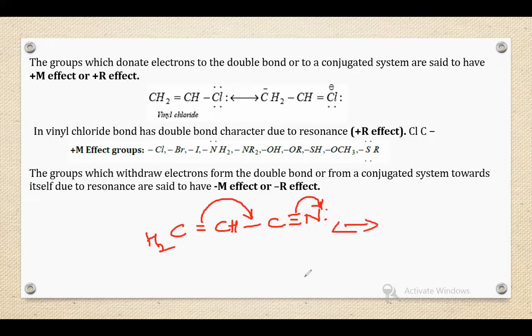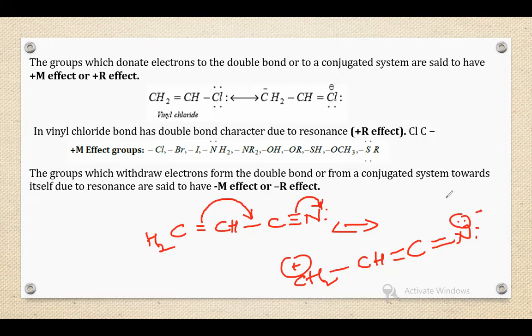The second structure is CH2. If the electron shifts, this carbon will have a positive charge, and the electrons between this carbon and the next carbon will shift, so CH and C will have a double bond, and between carbon and nitrogen that also forms a double bond, with a lone pair of electrons, so a negative charge.